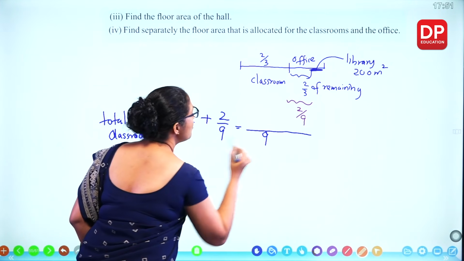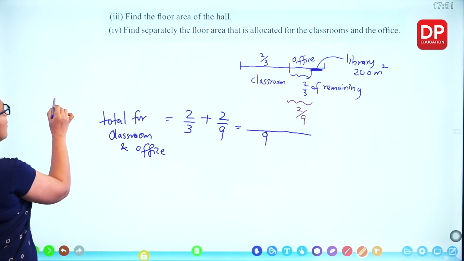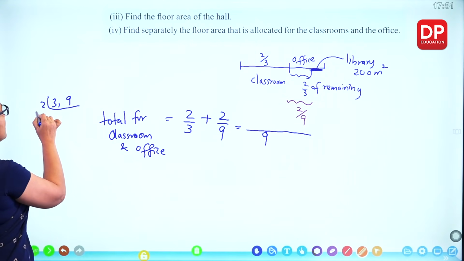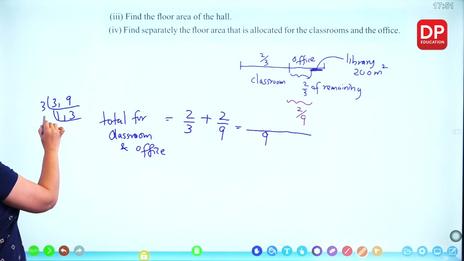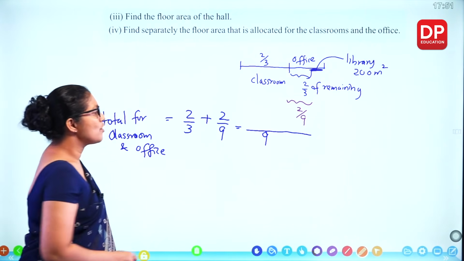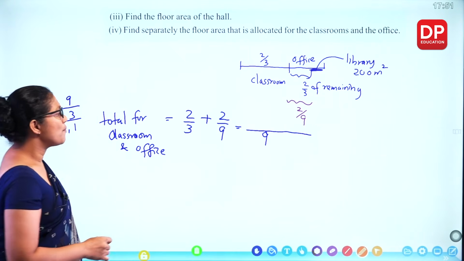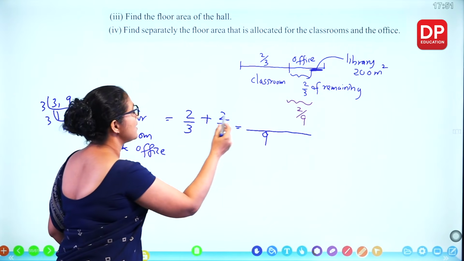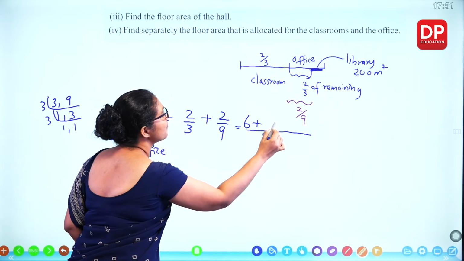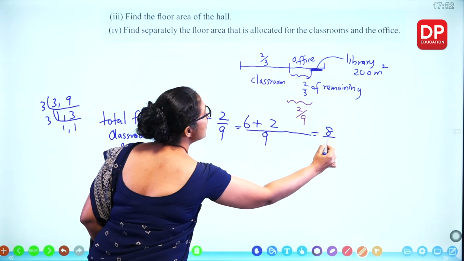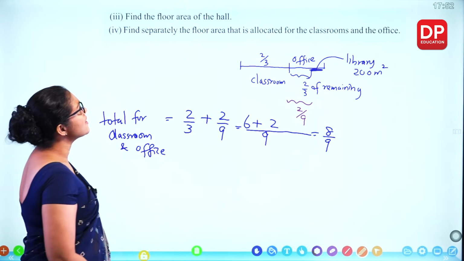If you can't do it at once, do separately and find out the lowest common multiple. Divide by 3, divide by 3 again. So 3 times 3 is 9. Now convert to 9. How do you get 9 from 3? Multiply by 3. You do the same thing in the numerator. 3 times 2 is 6. And 6 plus 2 becomes 8/9. So what's the value?